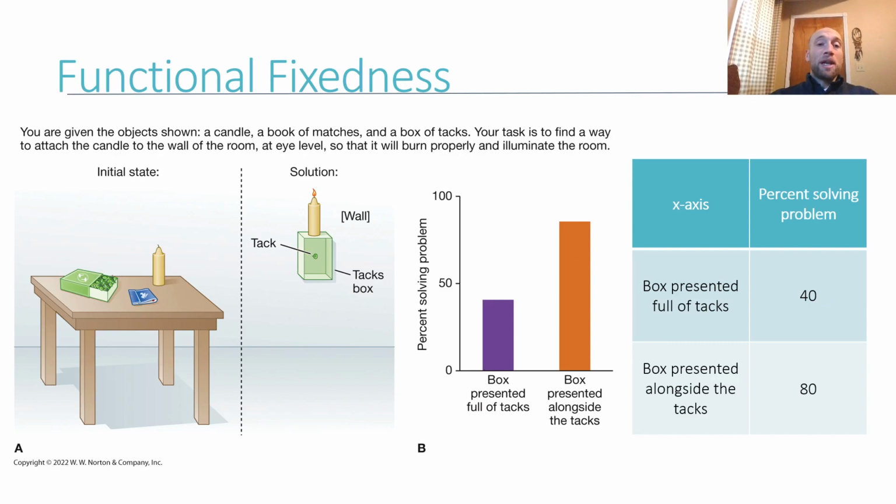So what is going on is we have this bias. When we see things, we are relating them to their function. When we see the box of tacks, and it's filled with tacks, we see it as a holder for tacks. It's really hard to override that and say, oh no, this should be holding the candle. So this functional fixedness is something that we really get hung up on in terms of our current problem solving.